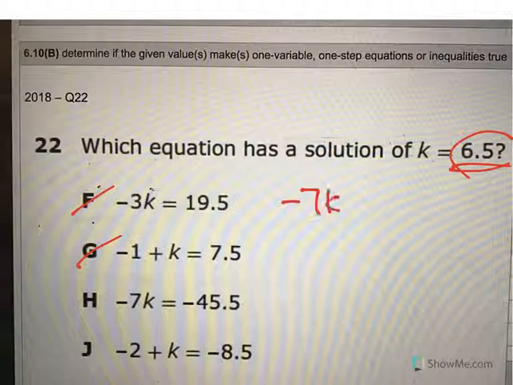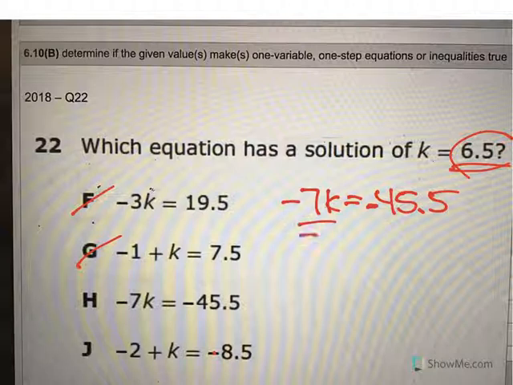Negative 7k equals 45.5. All right, and they're both negative. So isolating the variable, I'm multiplying by negative 7, the inverse is dividing by negative 7, which cancels out, because negative 7 divided by negative 7 is a positive 1. Whatever you do to the left side, you do to the right side.